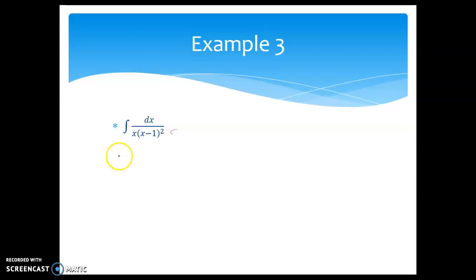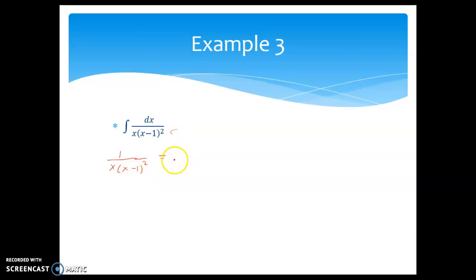So here I have this rational function. I'm going to do the decomposition. So I have x, minus 1 squared. This is a linear function, but this is a repeated linear function.